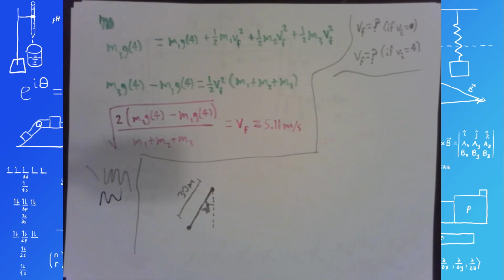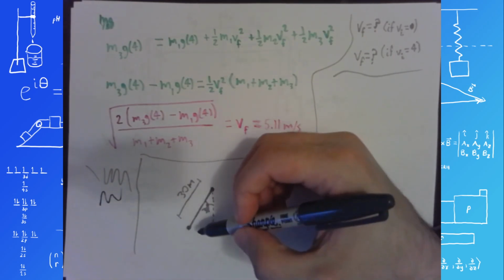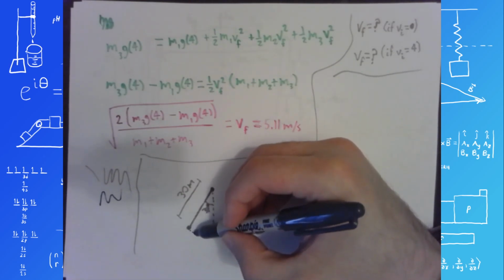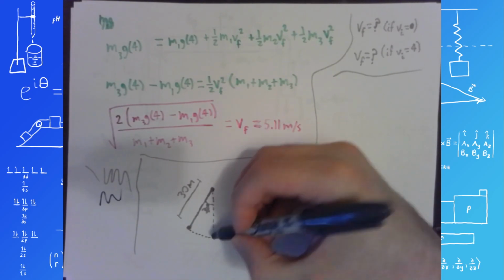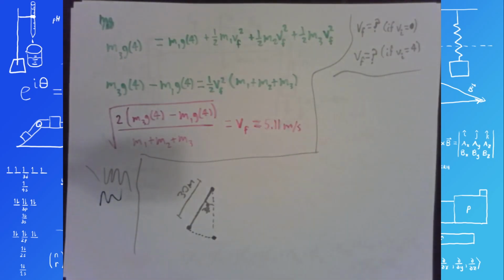And that's all the information they give us. What is his velocity at the bottom of the swing? What is his velocity down here? His V final, or V bottom, if that's what you prefer to call it.